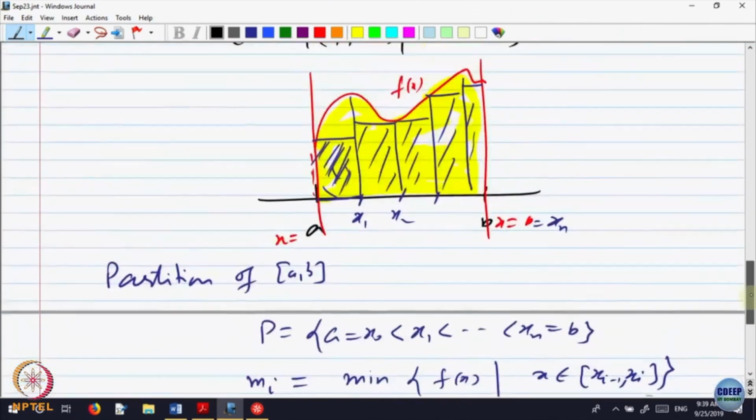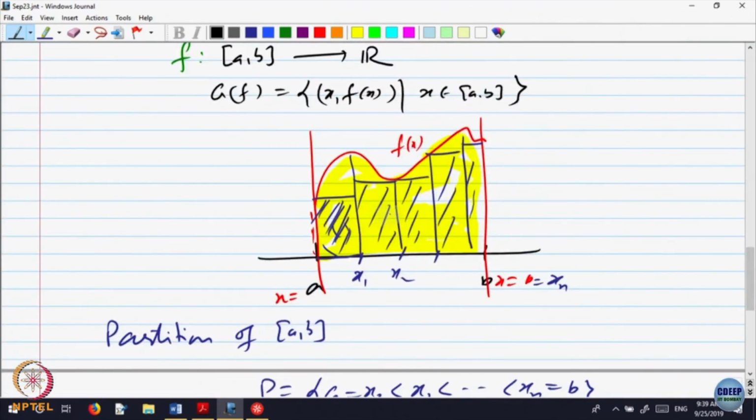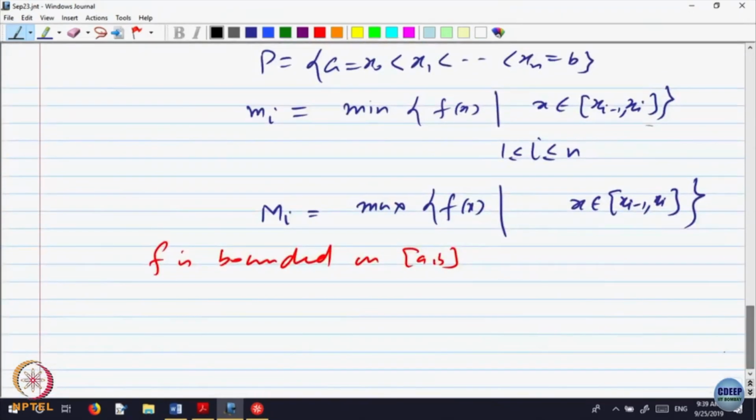So once you have got the minimum, for example, this is the minimum value mi, the area of the rectangle is the minimum height times the length of the interval, that is xi minus xi minus 1, and we take the summation i equal to 1 to n.